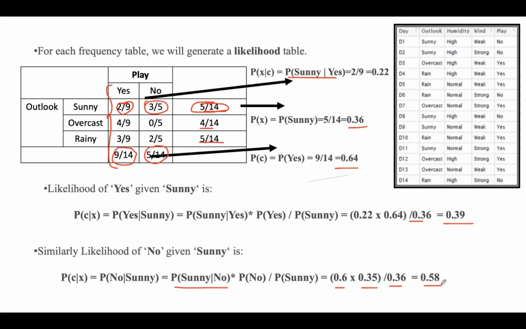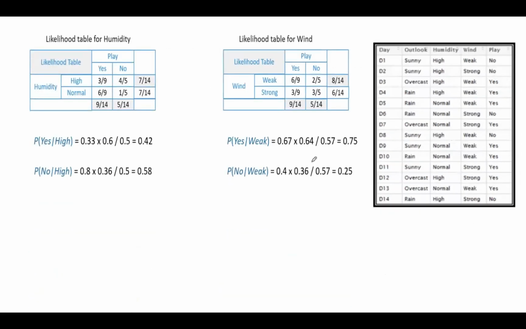So now calculate the likelihood table for humidity and wind also. So you'll get these values. Apply the same procedure which we applied for the previous one.